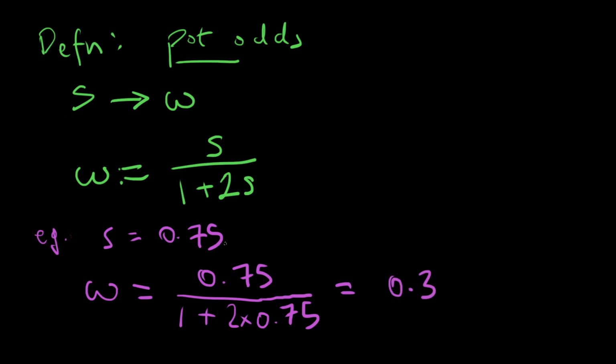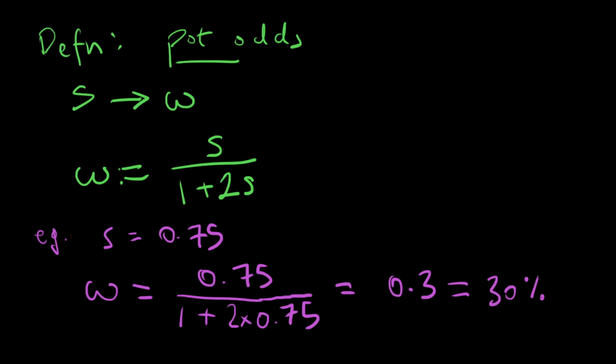So for a 3/4 pot bet size, the pot odds are 0.3. In other words, we get pot odds of 30%. You can convert it into any kind of other odds terminology that you like. Let's just go through one example.